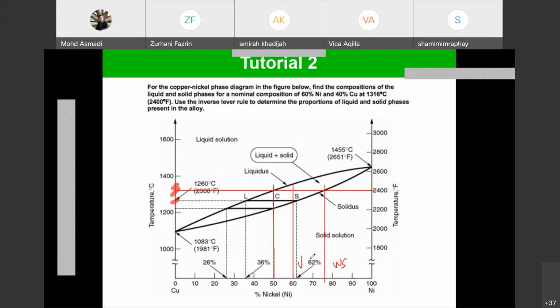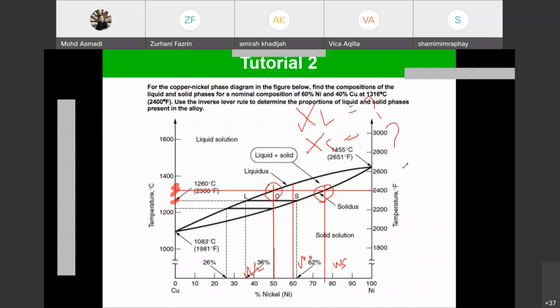So just using the WL equation, XL and XS, you can get the answer.